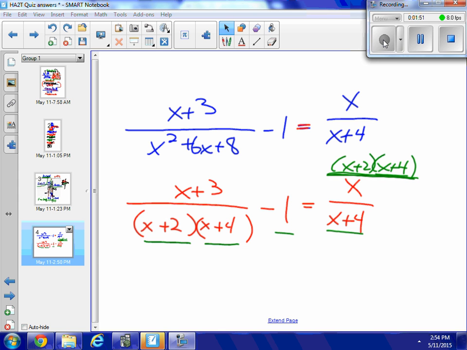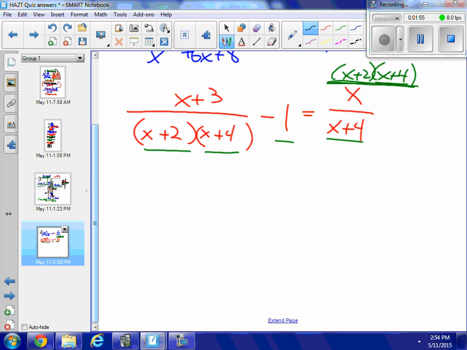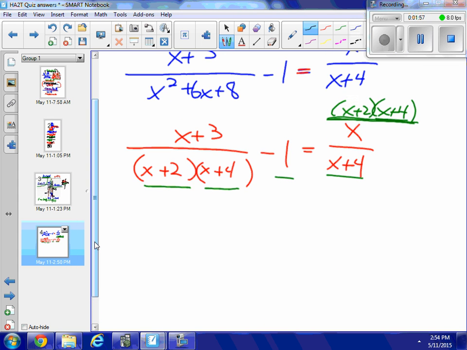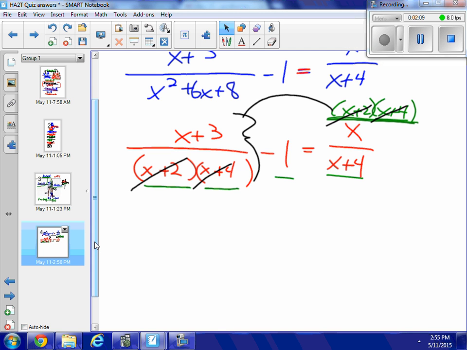And I'm going to multiply that now times every term in this equation. So first I'm going to multiply it by this term. And I can see that my denominator is going to completely cancel out. Again, I don't want you to think those are really gone permanently.